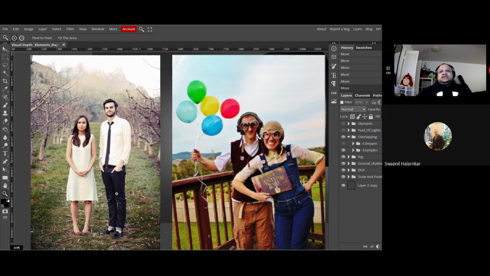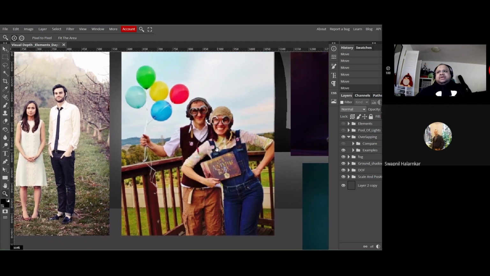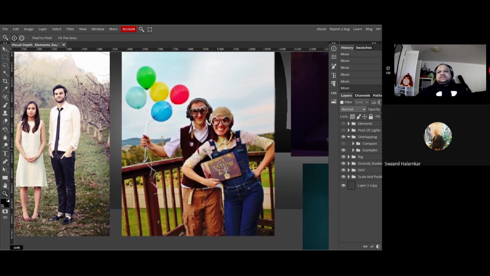So it is a little tough, and it is not that interesting to see two objects kept like that. It is always better to have overlapping happening, and it is much more interesting. And we directly know this girl is in front and that one behind, and that's why it is much more interesting for an audience to see that they have a nice depth, and overlapping always helps.